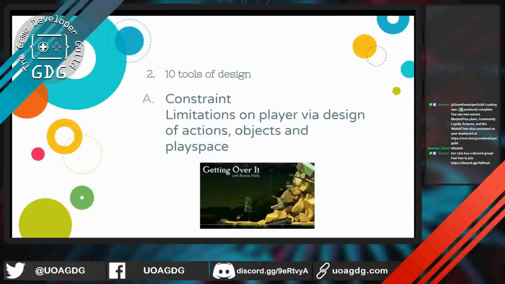Okay, so the first one is constraint: limitations on the player via designs of actions, objects, and play space. If you've heard of Bennett Foddy's Getting Over It, the limitation is you can't just walk around and climb the mountain. No, that would be too obvious and simple. So Bennett Foddy made a very annoying game where you use only your hammer to climb the mountain.